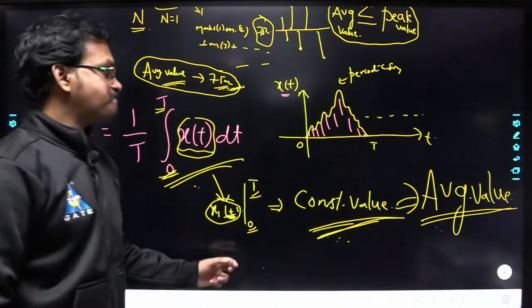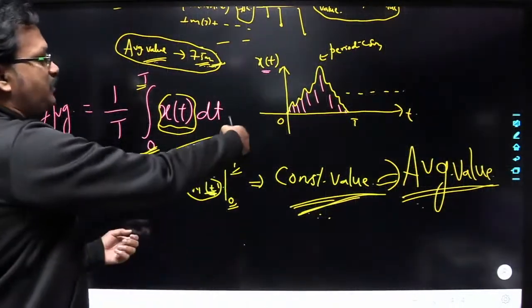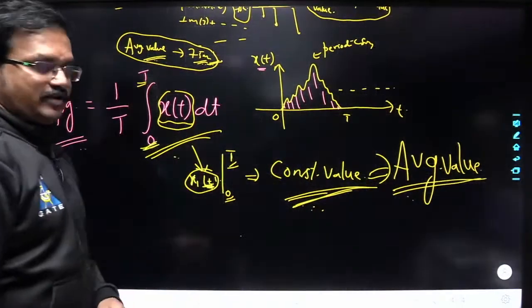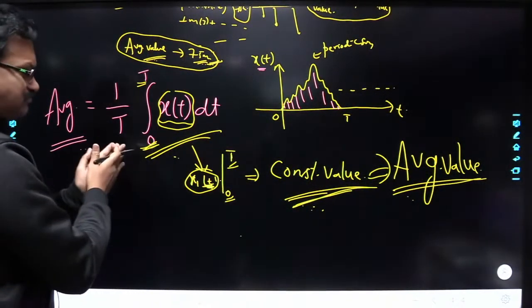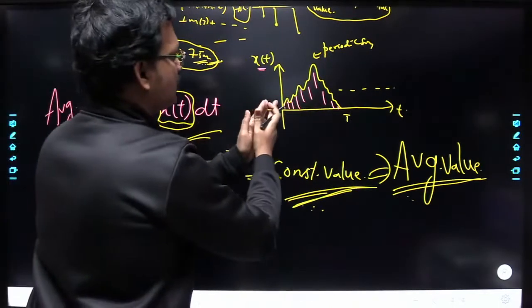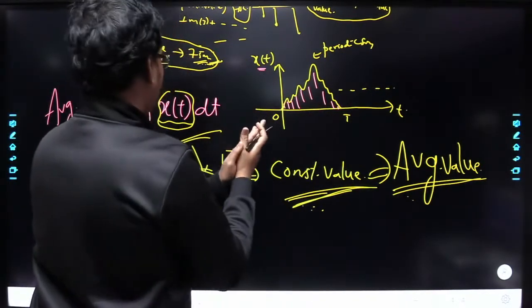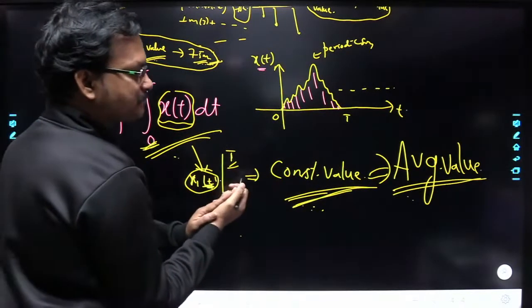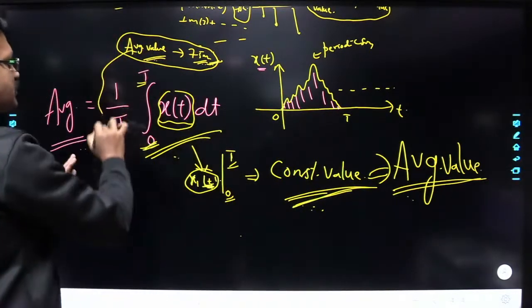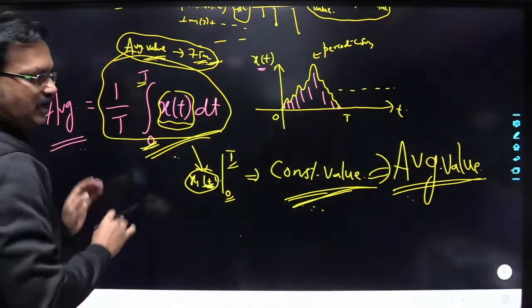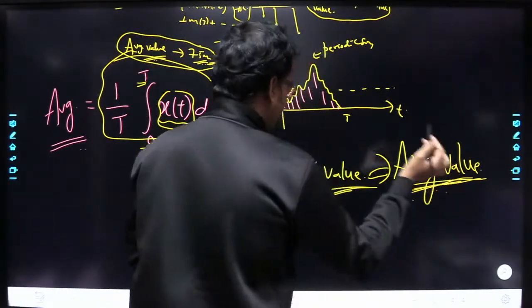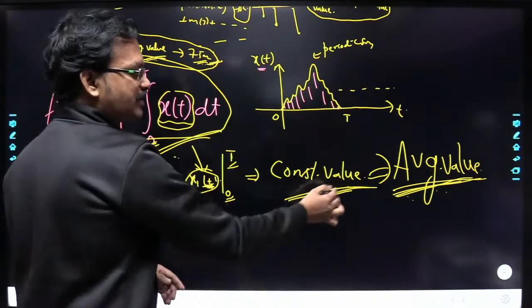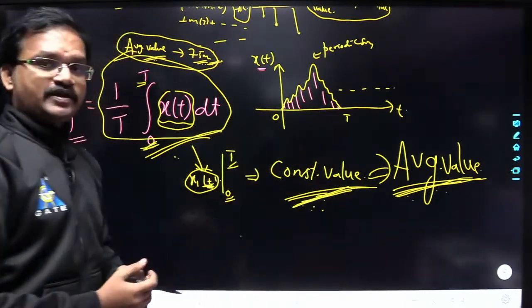So that is the purpose of determining this average value here. The whole information of the signal can be represented with a single number, a single value that is constant with respect to time.